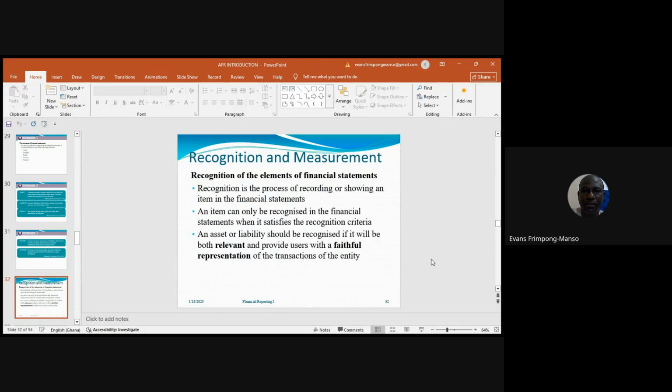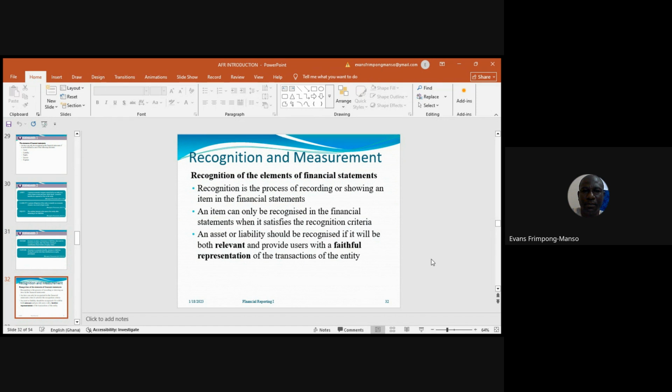An item of expenditure or an asset, whichever it may be, can only be recognized on the financial statement where the benefit will flow to the entity. Then the cost is also known to the entity.